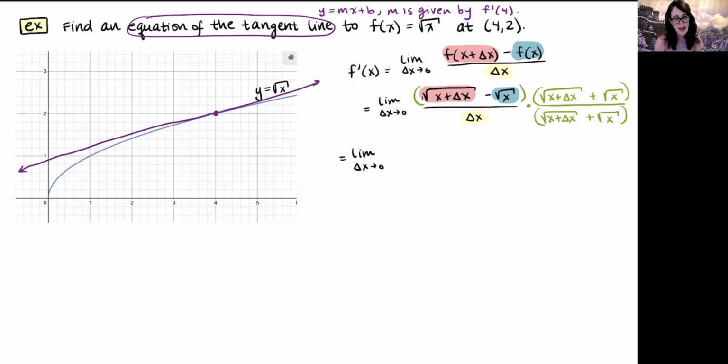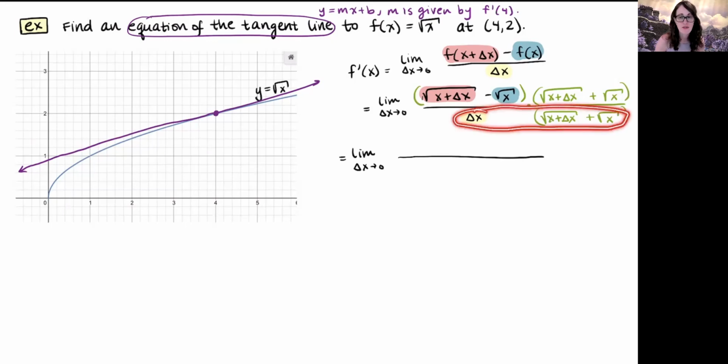Now, when we multiply these together, we're going to get a single fraction. When you multiply fractions together, you multiply their numerators and you multiply their denominators. In the denominator, you are going to get delta x times the conjugate. Remember that our goal is to cancel out the delta x.